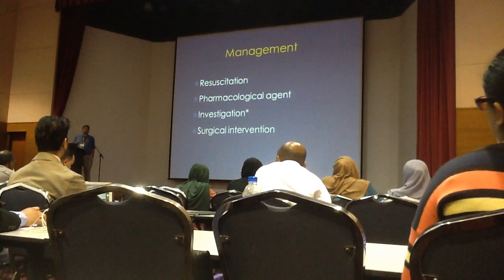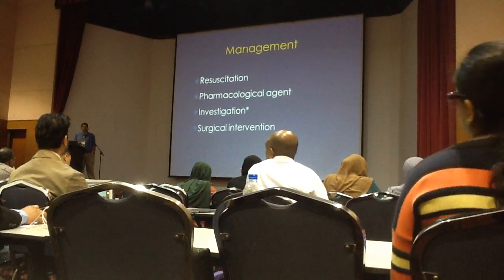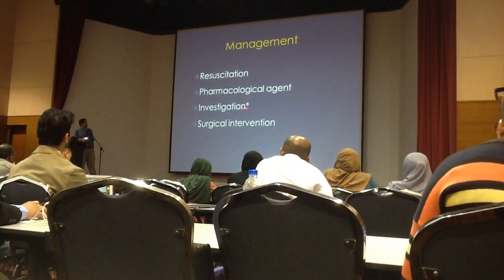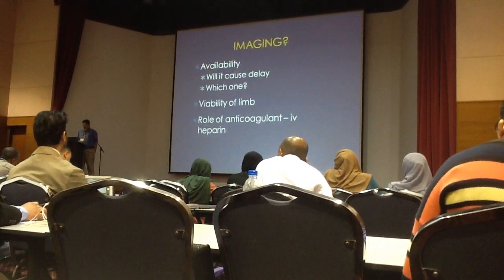But if you can bring the patient straight to have an embolectomy, then I would suggest that you do that rather than starting the patient on IV heparin. We'll come back to investigation and, of course, surgical intervention.